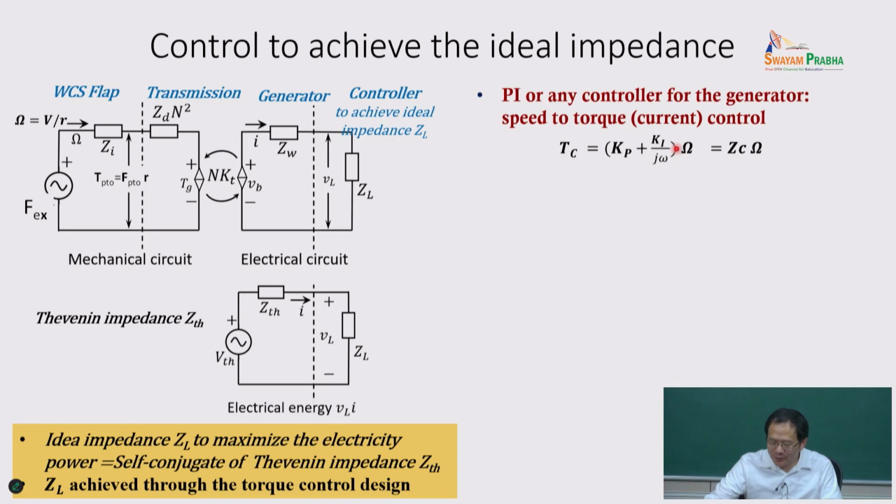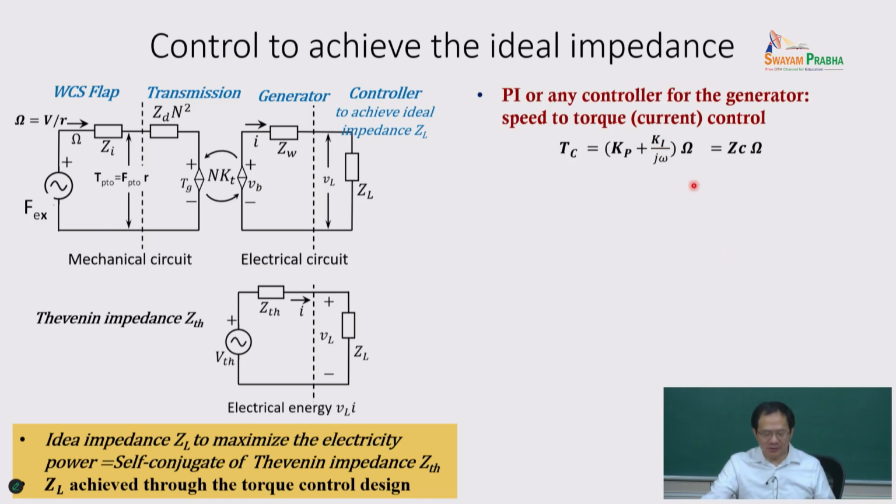So this is the damping term, this is the stiffness term. I say again: that is torque, that is velocity, and velocity times gain corresponds to damping. Velocity divided by s, 1 over j omega, is the displacement, and displacement times gain is stiffness. So Kp corresponds to damping, Ki corresponds to spring.